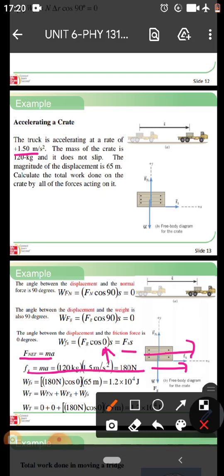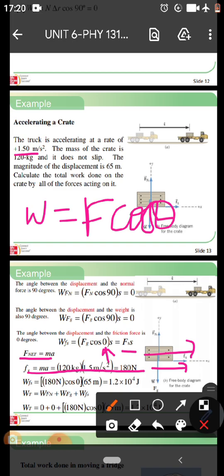Now when we substitute into the equation of work, which is force times cos theta times displacement, because the displacement is parallel to the force applied, we have cos 0, and then we substitute the force, which is 180, and the displacement, which is 65.